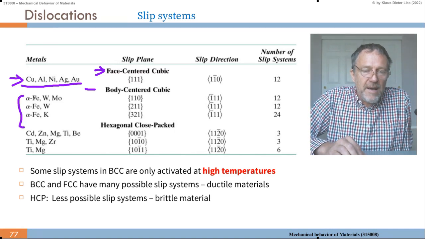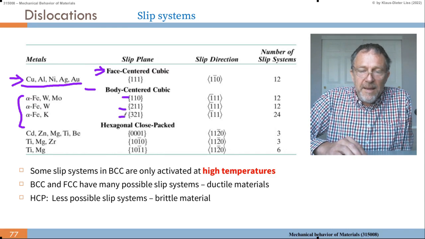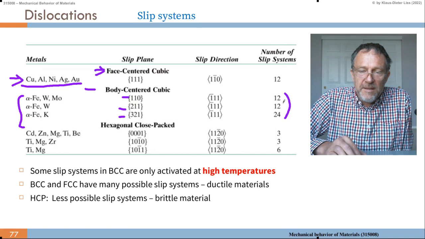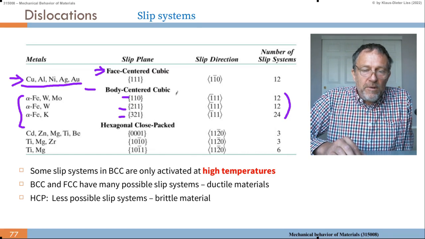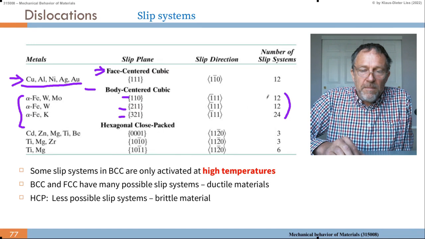So we have all the iron. The iron slips with anything. It slips on the {110} plane, on the {211} plane, and on the {321} plane, which gives us 48 slip systems for iron. We know iron also is pretty ductile. If we only look at the {110} slip plane, then we get 12.